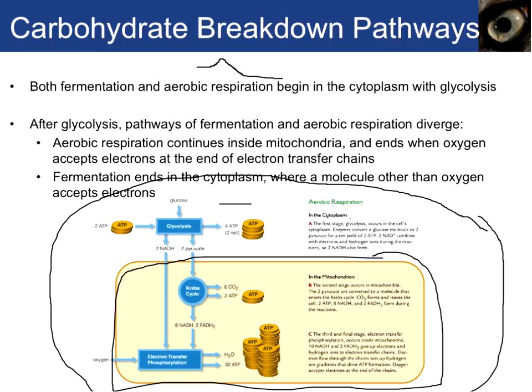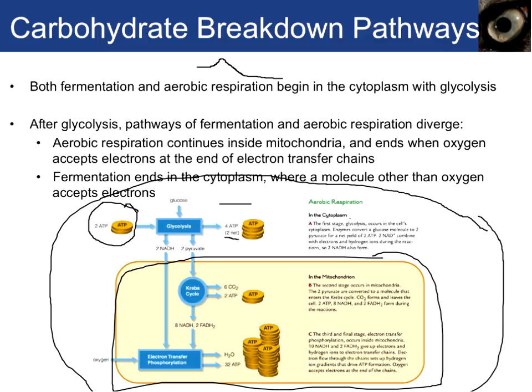The same is true for glycolysis. You need an input of 2 ATP just to get the glycolysis reaction to start going. Glycolysis produces 4 ATP per glucose molecule, but you have to input 2, so it produces 4, but it's a net of 2.